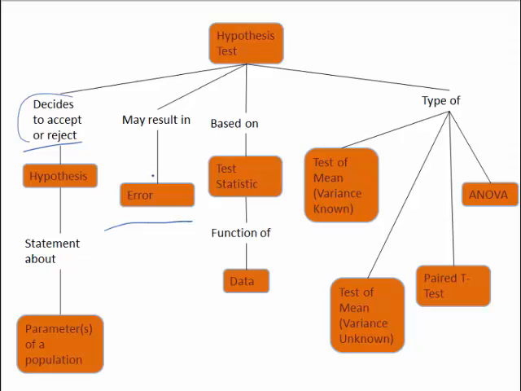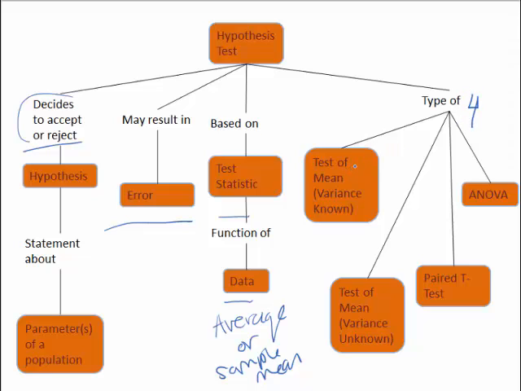In this course, hypothesis tests are conducted by computing a test statistic, which is a function of our data, and typically we use the average or sample mean. Based on this test statistic, we will cover 4 different tests.